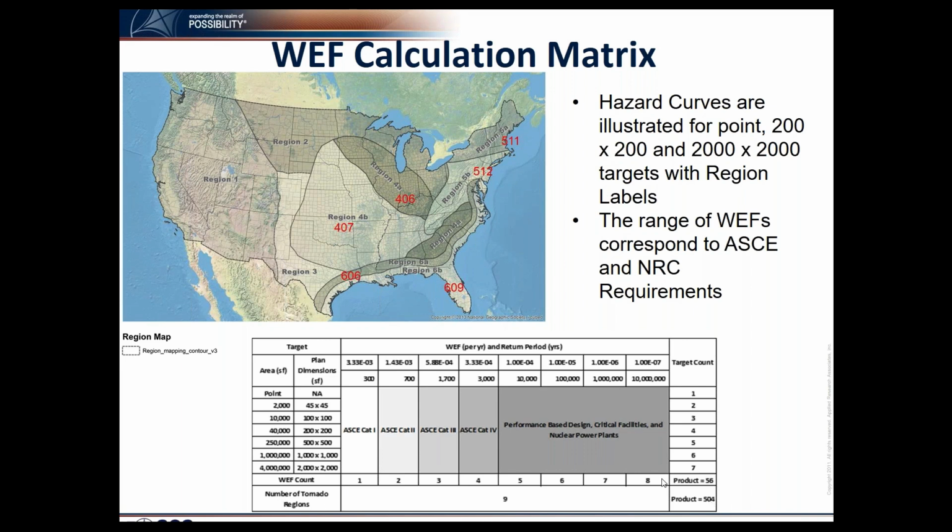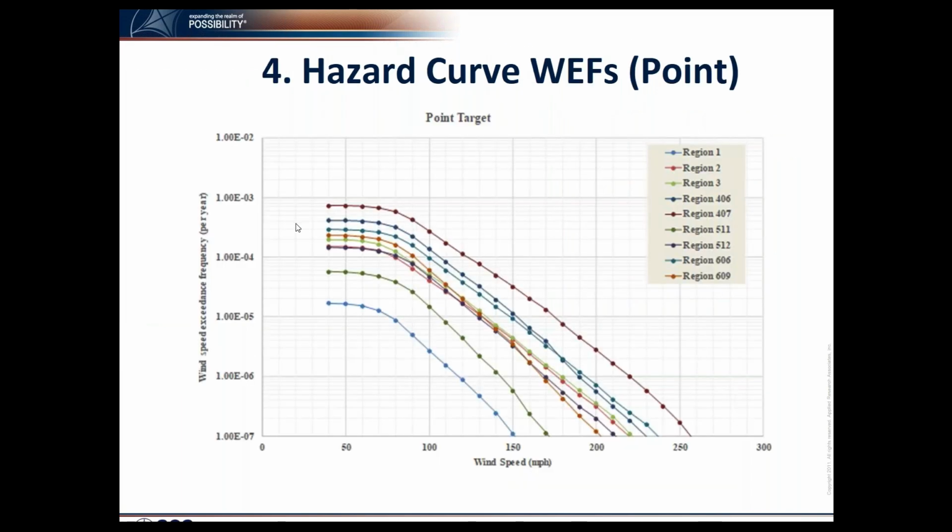This includes all the regions and subregions. This is showing the hazard curves for the point targets for all the 9 regions. And as you can see, region 407 has the highest hazard compared to the other regions, and region 1 has the lowest hazard.